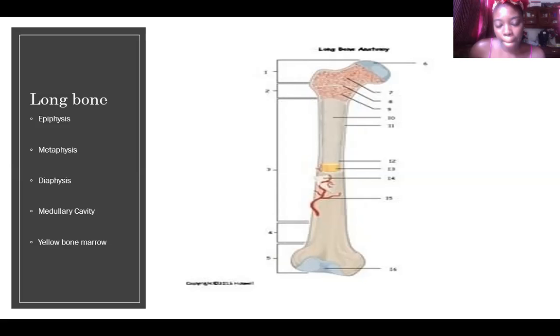Metaphysis, that will be, is it number 1? Inside of 1, between that area there, that is 2. Well, inside that is the spongy bone. Spongy bone, that'll be 7, 6.